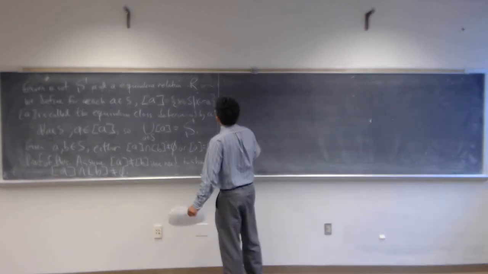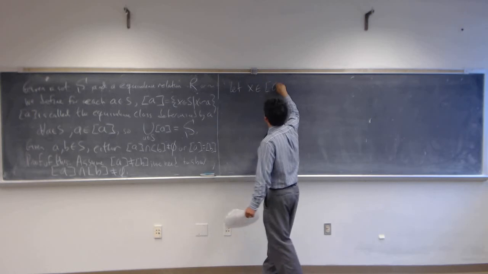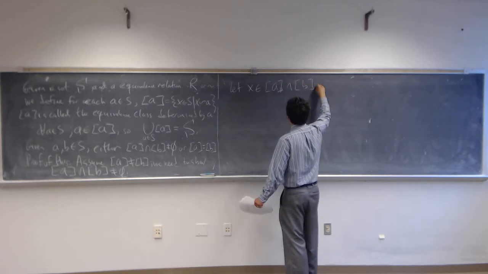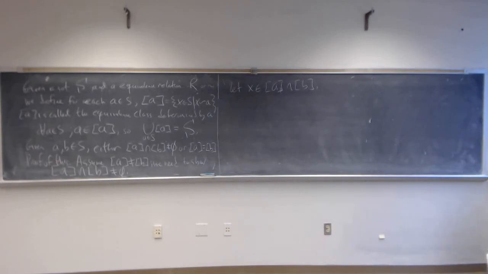I will work as formally as I did in the notes. So if they're not disjoint, there is an x such that x relates to a and x relates to b.